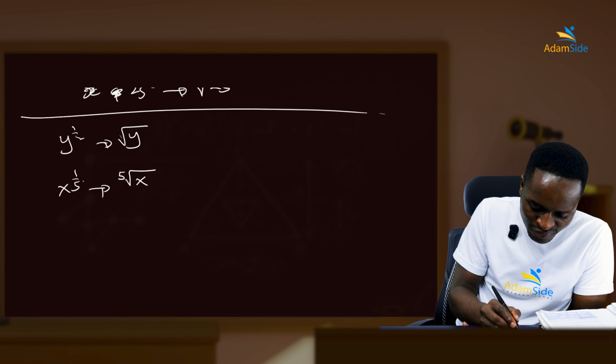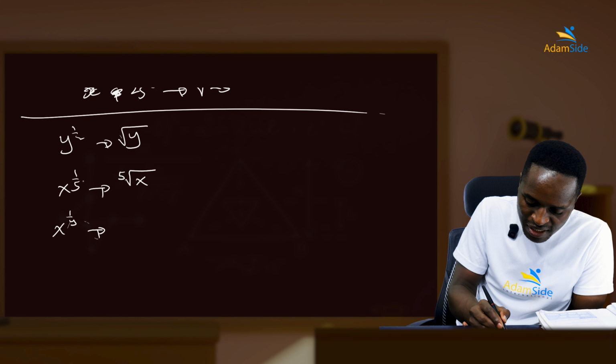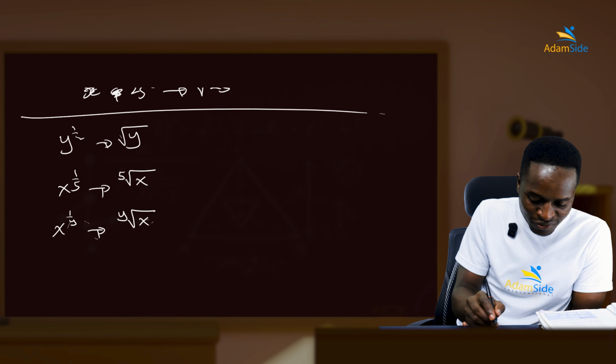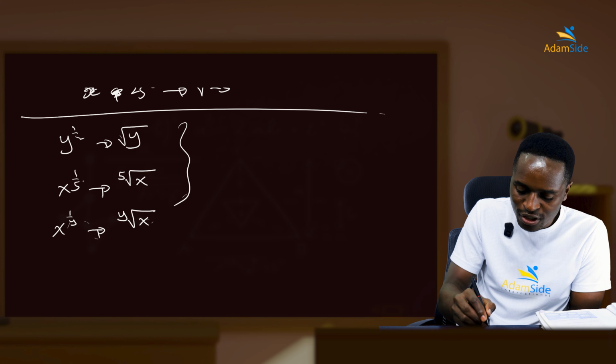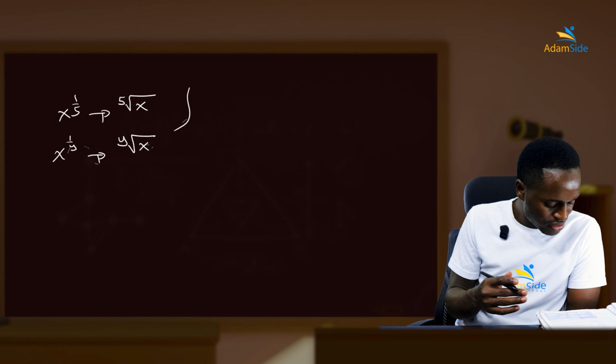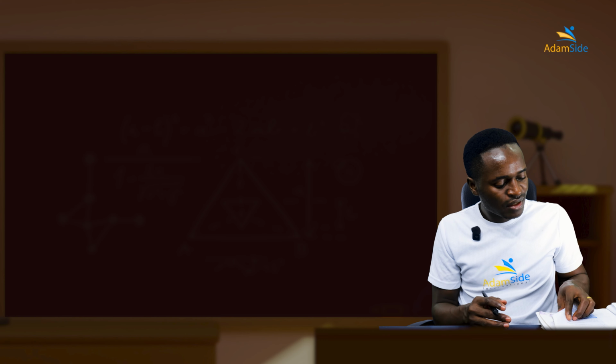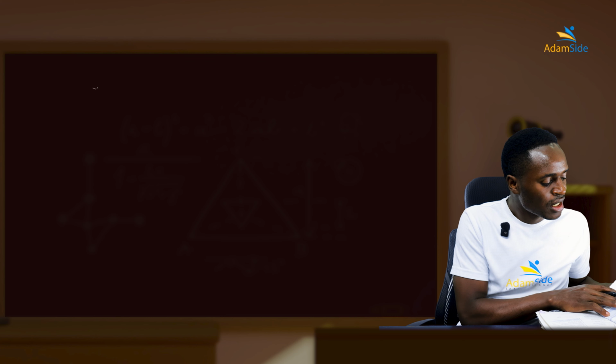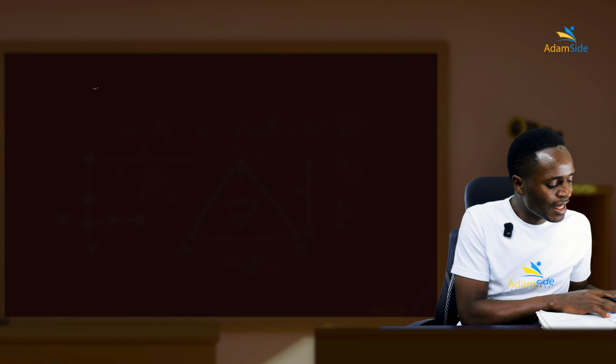You write that. And if you have x power 1 over y, what's this? It's the same as y root x. So if you understand this, all these are laws that can help you to solve different questions in this unit. So I think the majority of the questions you'll be examined in that angle.